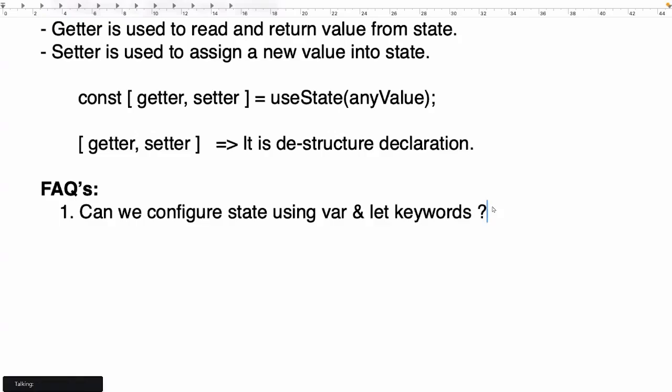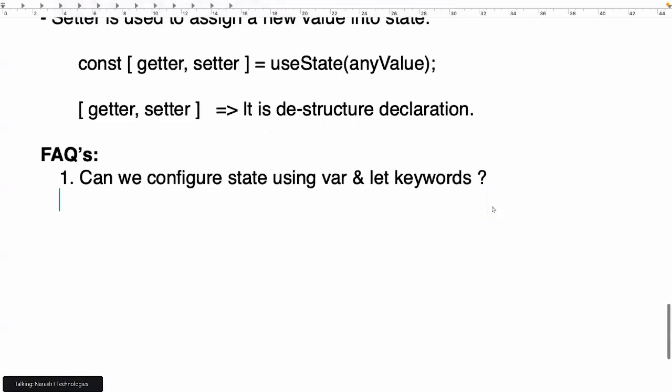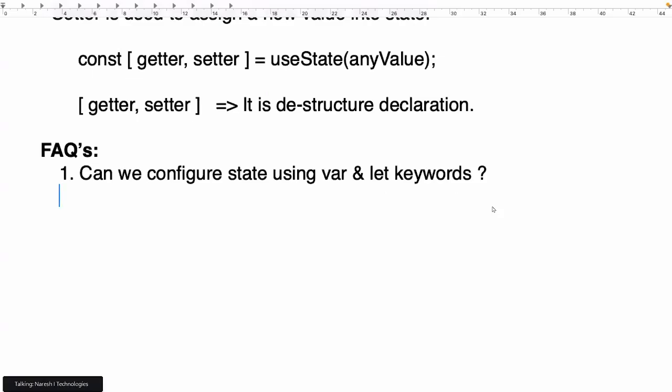In JavaScript, variables are defined using var, let, const, you know all these, right? Now the question in interviews is, why are you using const, why not var or let? You can use them, there is no problem. That means, can we use var or let? Here the answer is yes. We can use var and let also for declaring, but it is not recommended. Why is it not recommended?